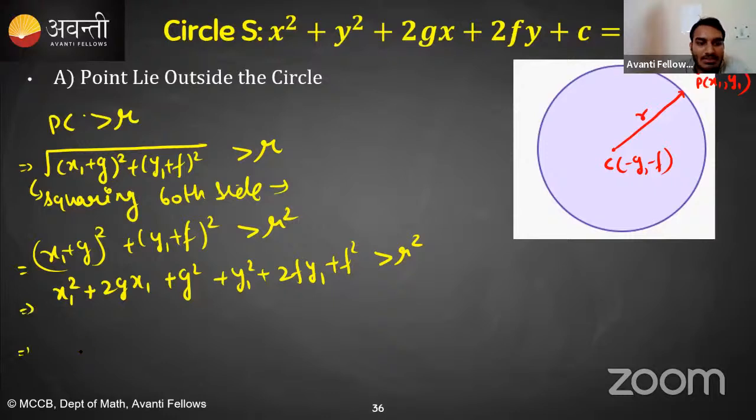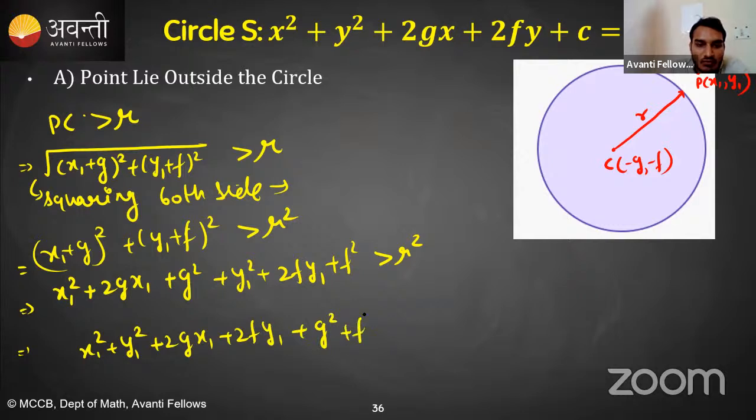Rearrange it a bit: x1 square plus y1 square plus 2gx1 plus 2fy1 plus g square plus f square minus r square greater than 0, right?